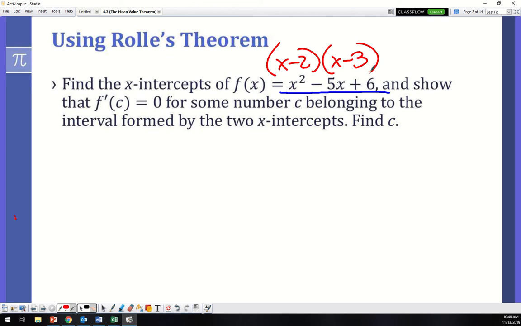So where is it equal to 0? Using the zero product rule, set that equal to 0. So x equals 2 and x equals 3. So my a value is 2, my b value is 3 on my closed interval, so those are included.